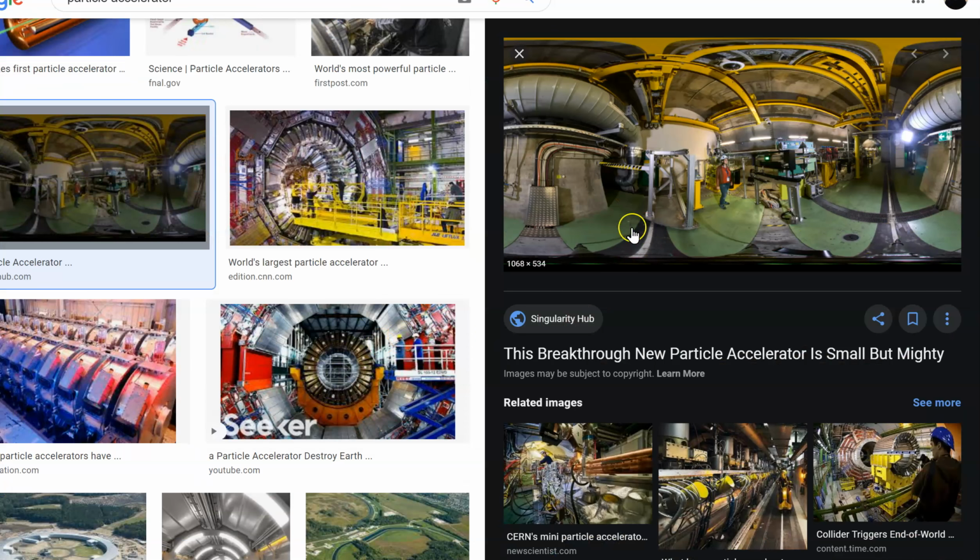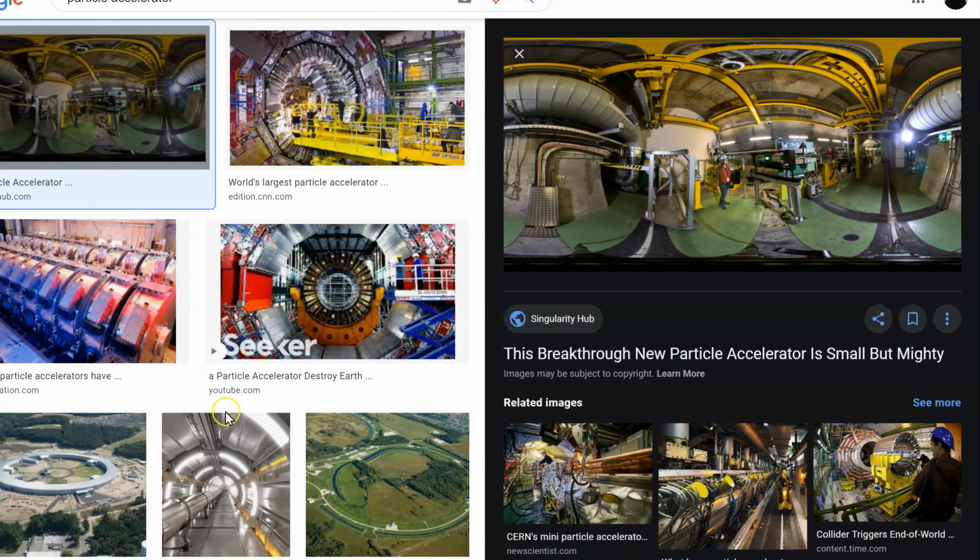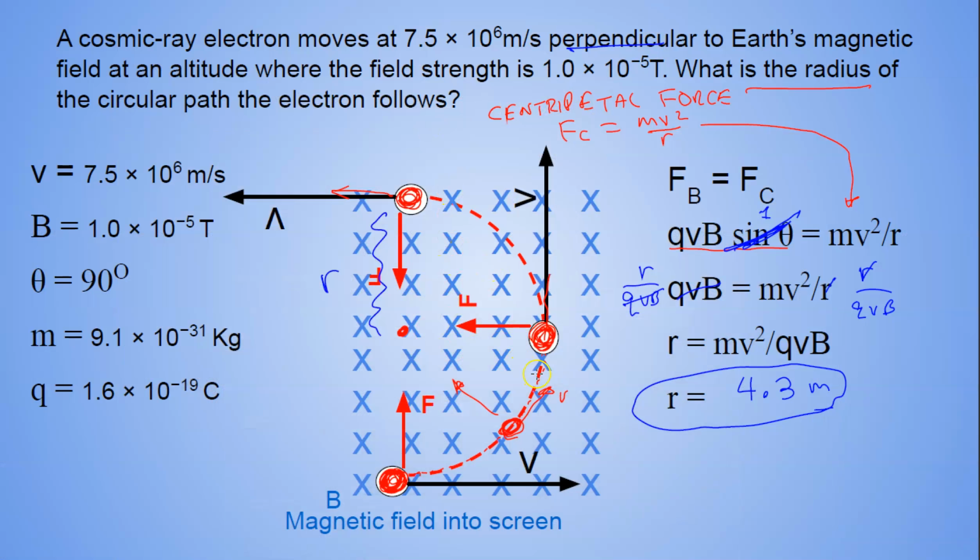These are pretty amazing machines, but they usually have that circular pattern. So go build you one of those if you like. You need some magnets. You need some charged particles. You'll be fine. All right.